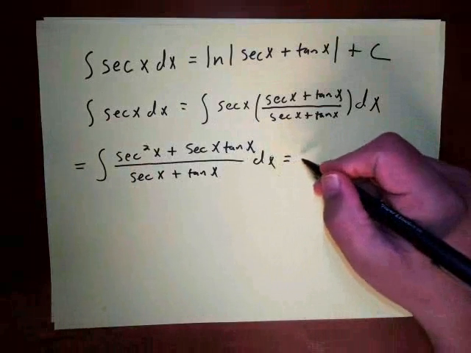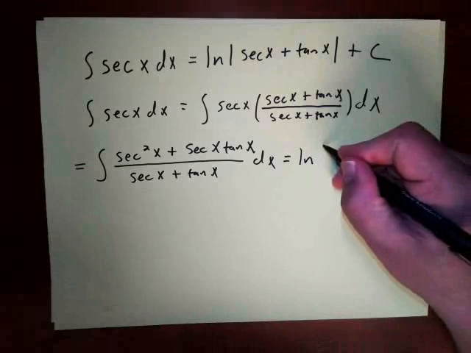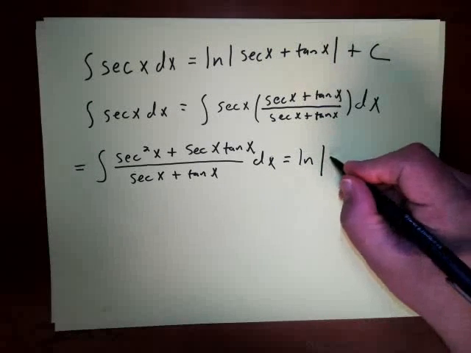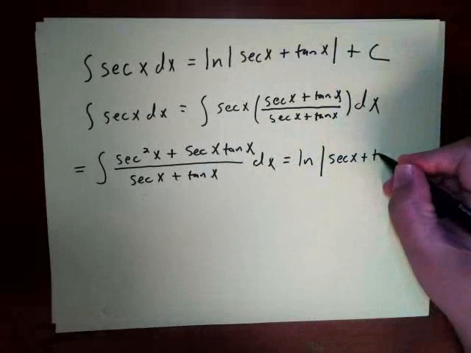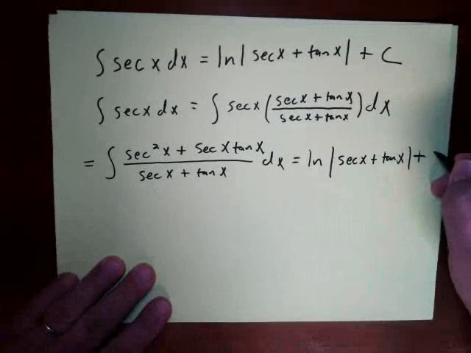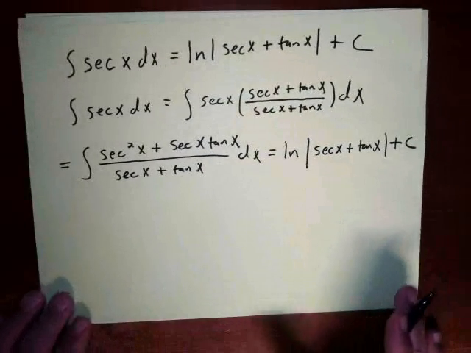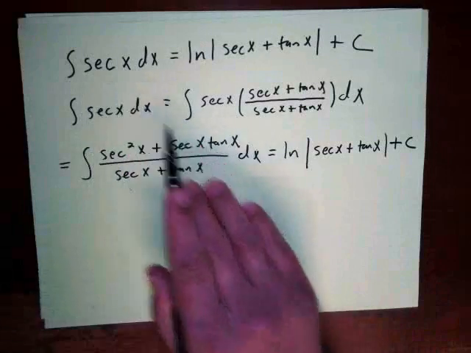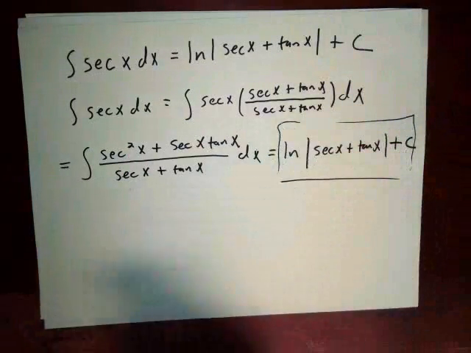And so using my natural log rule, or my log sub rule, or whatever, I get the natural log of the bottom, secant x plus tangent x plus c. And there you go. I've just derived the antiderivative for secant of x. It's equal to this.